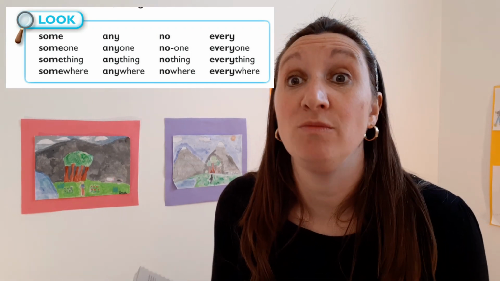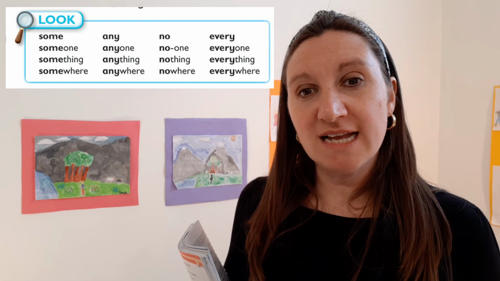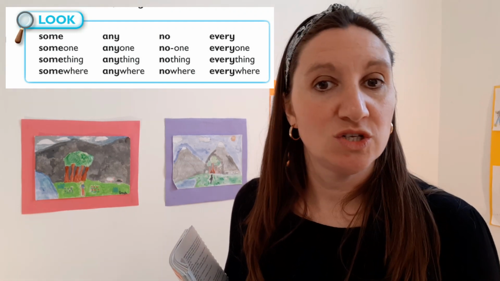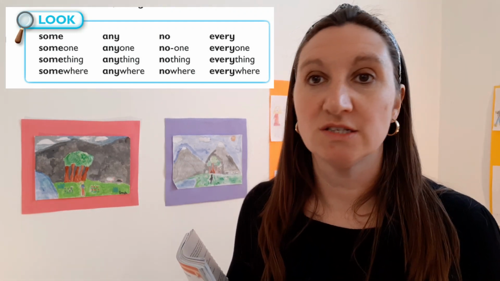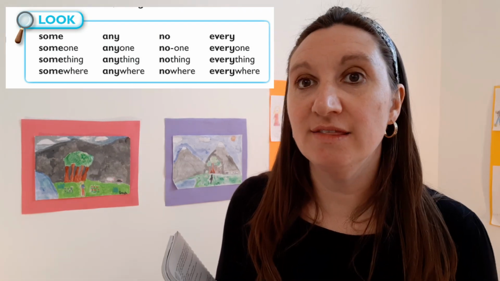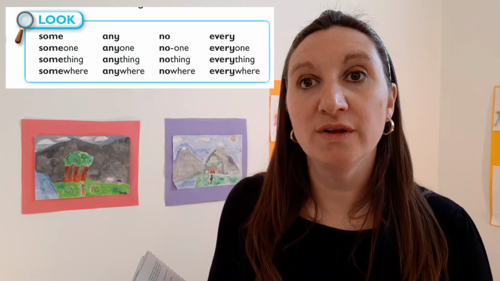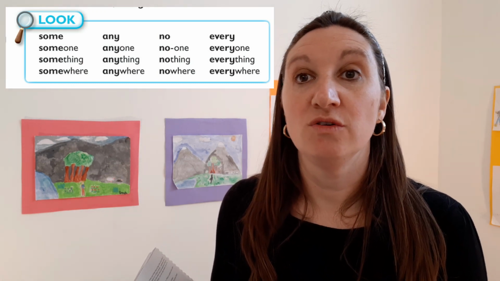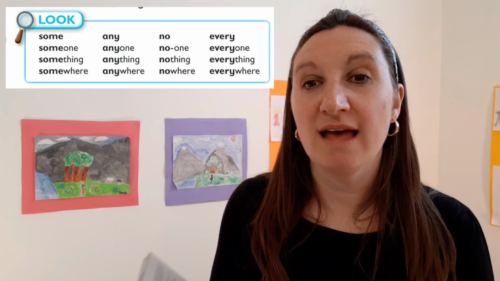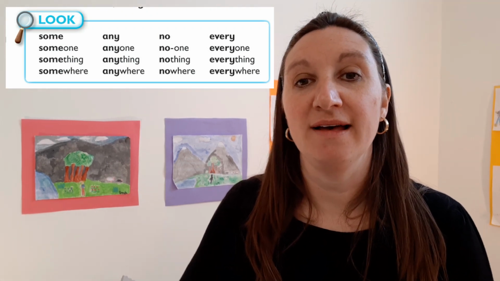Can someone help me? Try to think of sentences using something, somewhere, anyone, anything, anywhere, no one, nothing, nowhere, everyone, everything, everywhere.